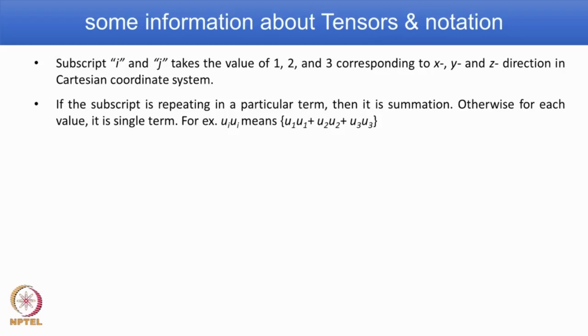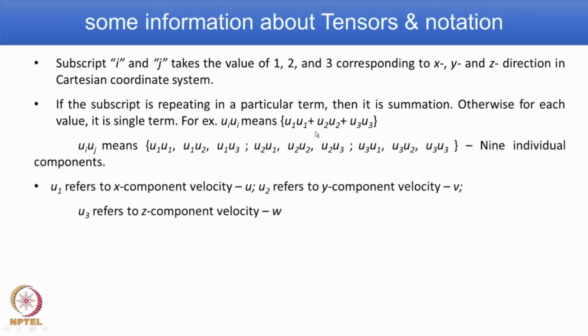For example, u_i is a particular term, subscript i is repeating. For every value of i you get one term, but then they are summed up, and as you can see here, u_i means u1 plus u2 plus u3.